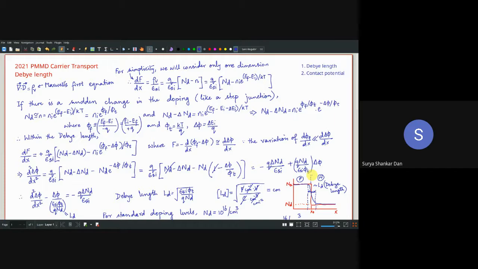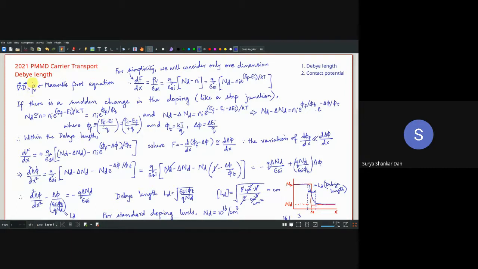The material itself will not respond to the sudden change in the doping levels. Am I able to explain? We will look into it even more as we go along, but the results of this analysis, this model, will be startling. So let's begin with the fundamentals.